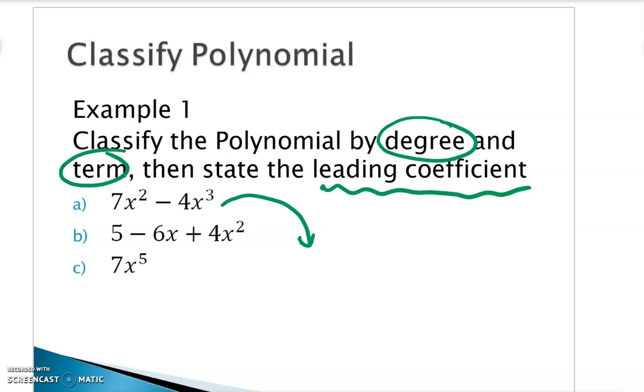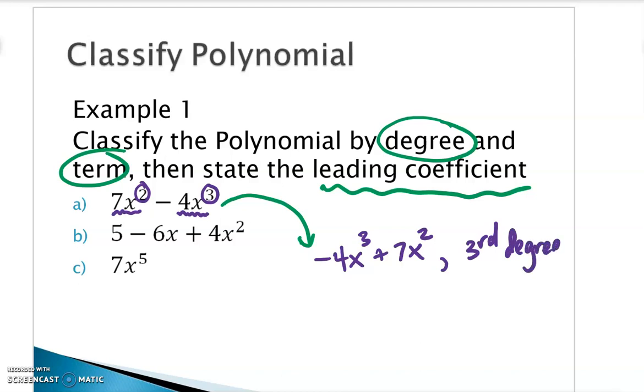This one right here is a third degree monomial. So this is not in order. If we were to write this in correct standard form, it would be negative 4x cubed plus 7x squared. So this means that this is a third degree polynomial.